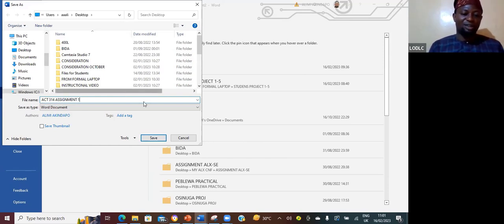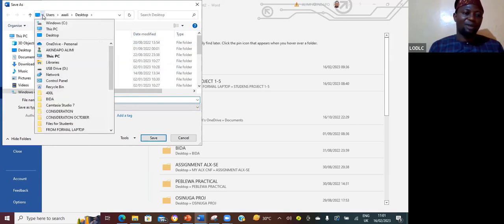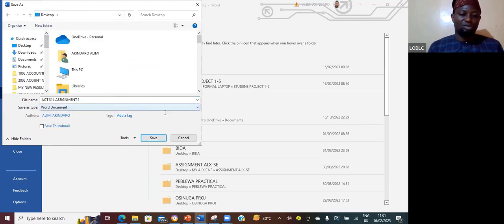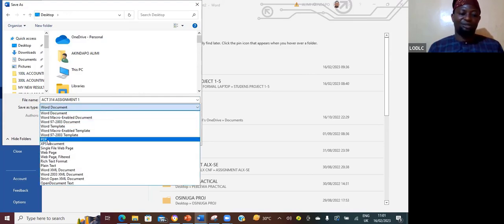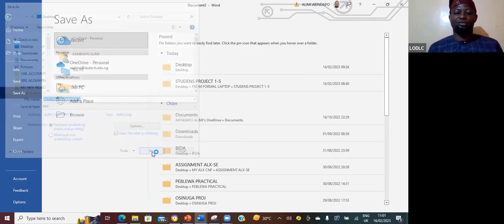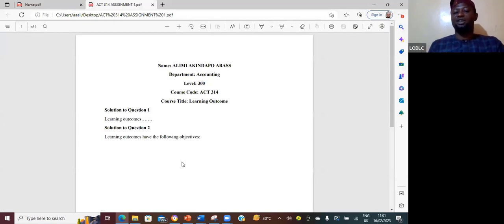Under the Save As type, choose PDF and save. Once you have saved it like this, you won't be able to edit it again, so you must have done everything before you save it as PDF.